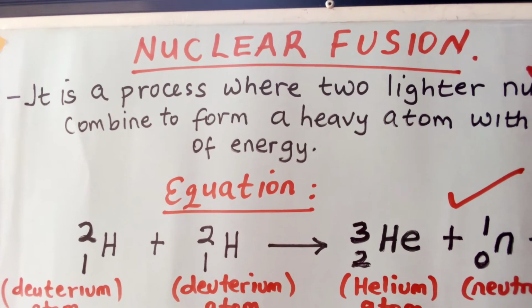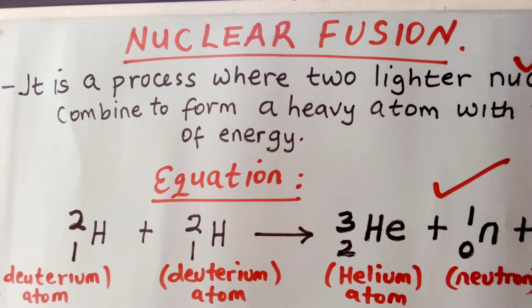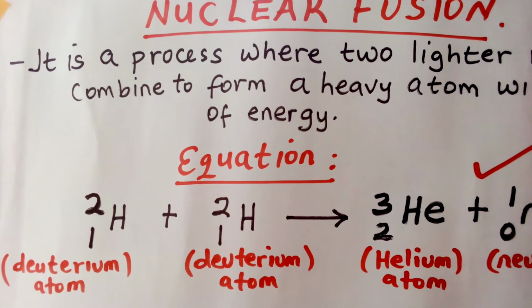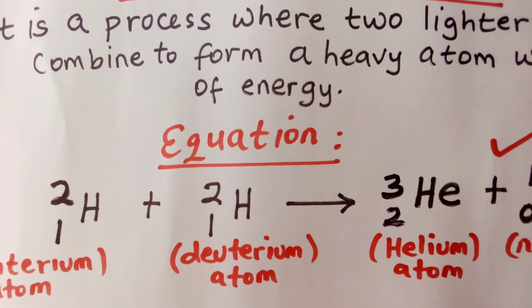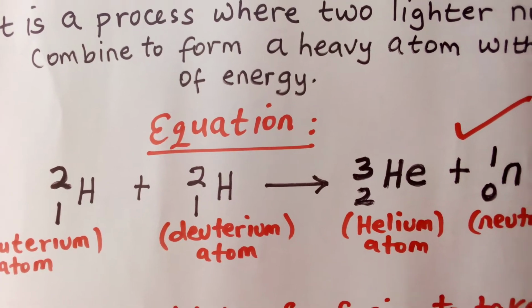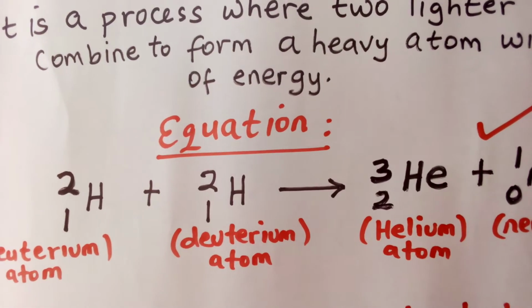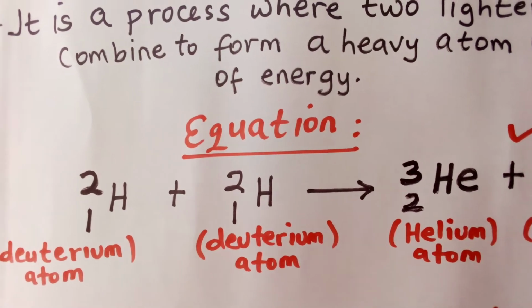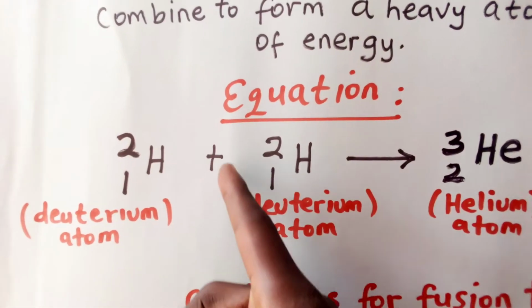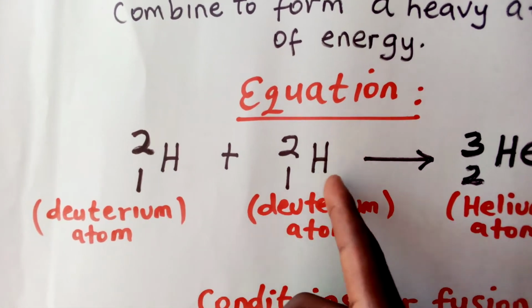Now, we can put that in the form of an equation to make us understand better that when you are dealing with nuclear fusion, you need two light atoms. Those atoms must combine. So combining here in our equation means you add. You get two light atoms.